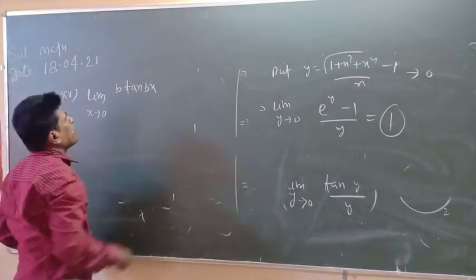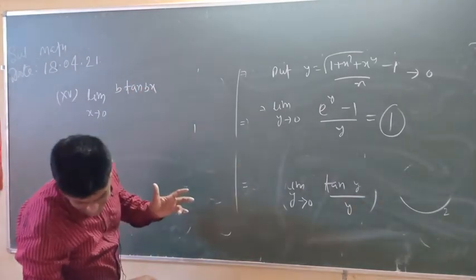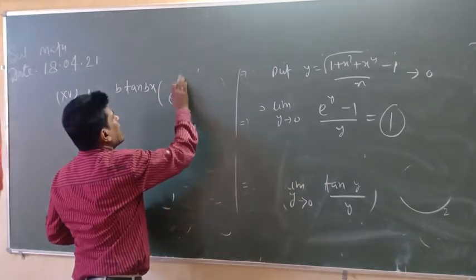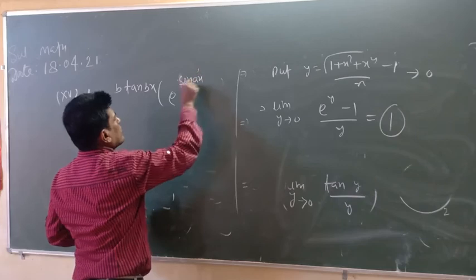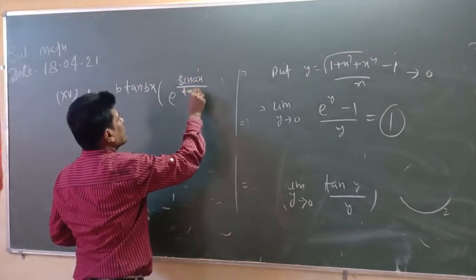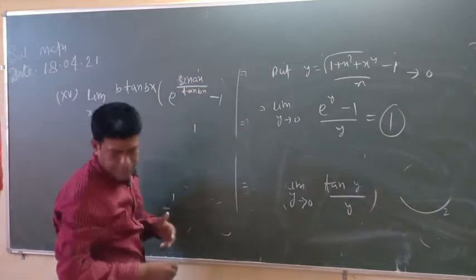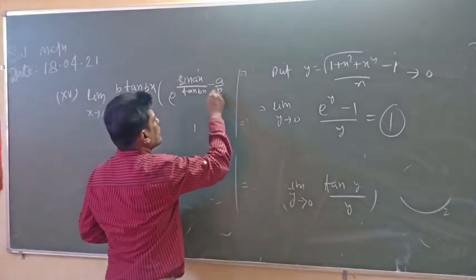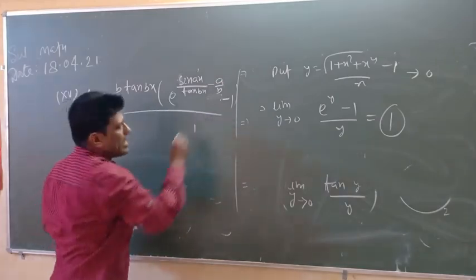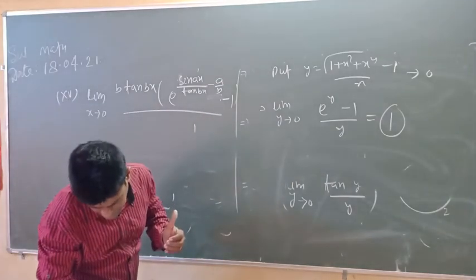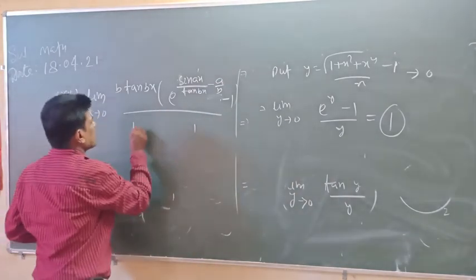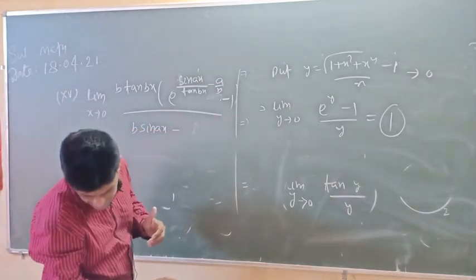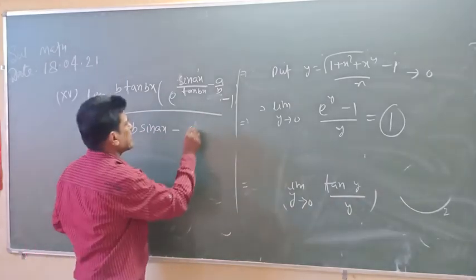You can write b tan bx. b tan bx, e to the power sin ax by tan bx minus a by b, sorry, minus a by b, minus 1, divided by b sin ax minus a tan bx.